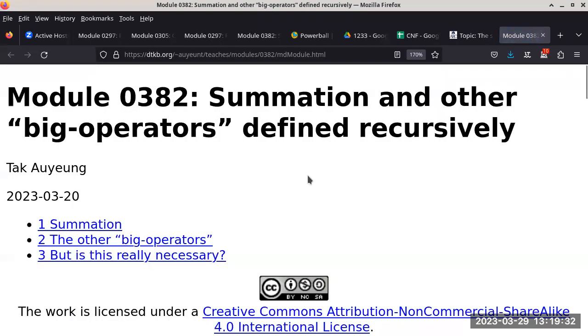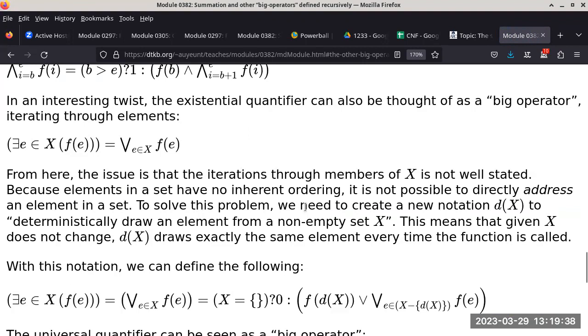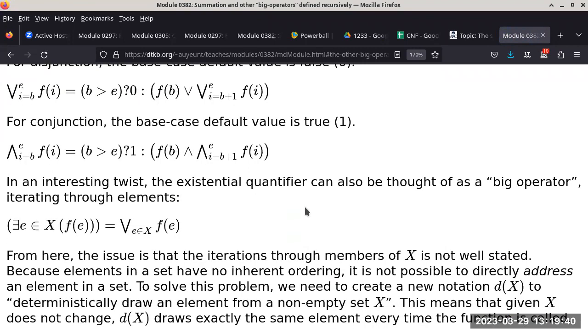All right. So this is the module that we talked about, with the other big operators. I'm going to extend this one to include the big U. I think the big U is the only one that we need. So for those of you who already understand how things are being defined recursively, you can try that on your own.